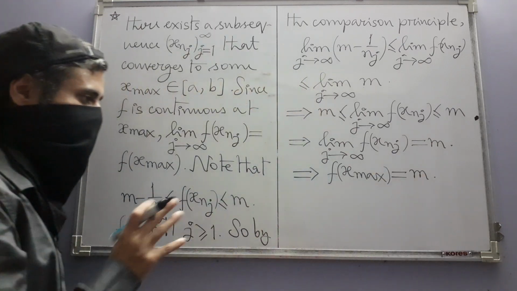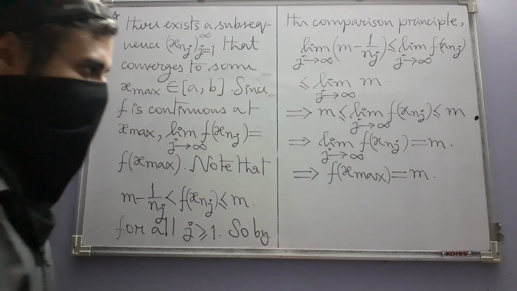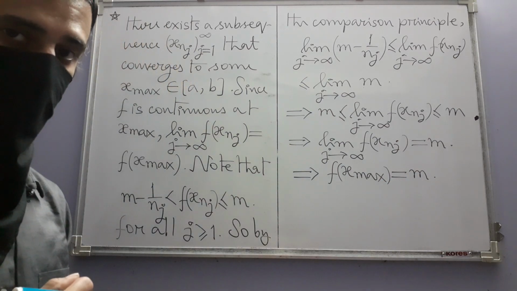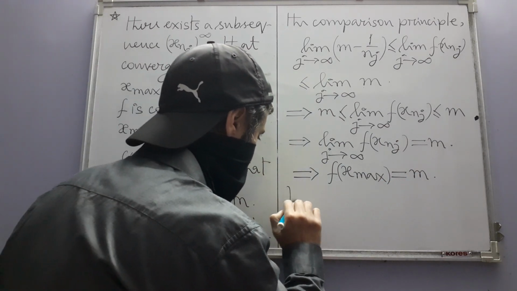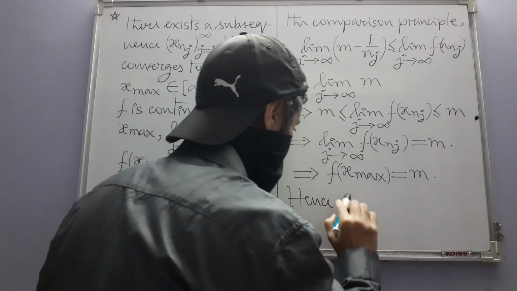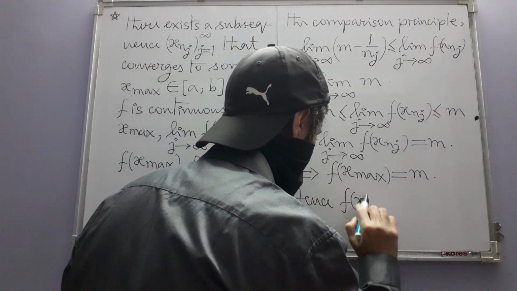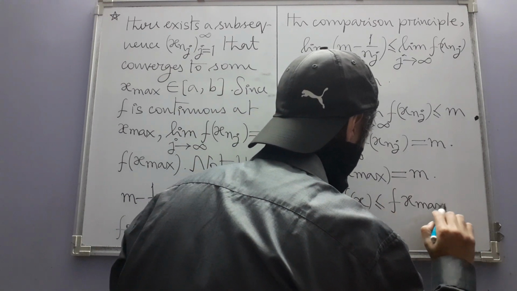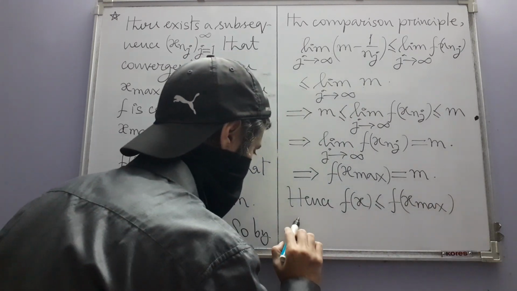And this is what we have been trying to do, right? Because m is an upper bound for all the f values. And that is why we have this.